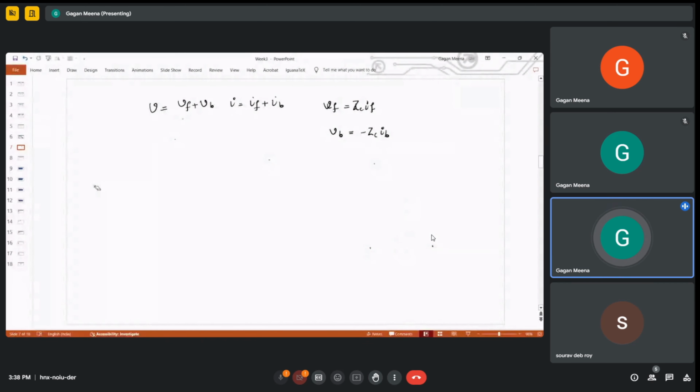VB is opposite to IB also. ZC we know is the square root of L by C. I forward you can write as VF by ZC, and IB as minus VB by ZC.